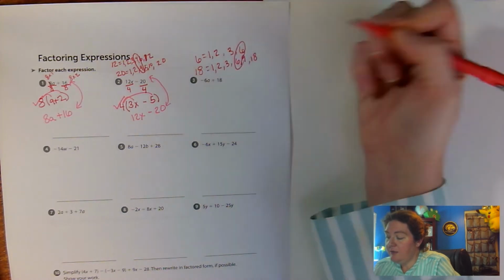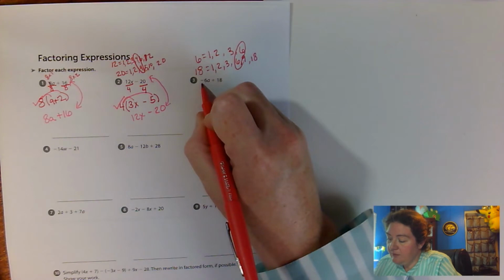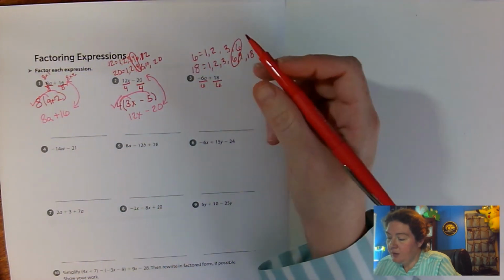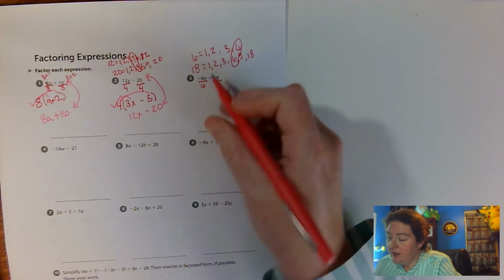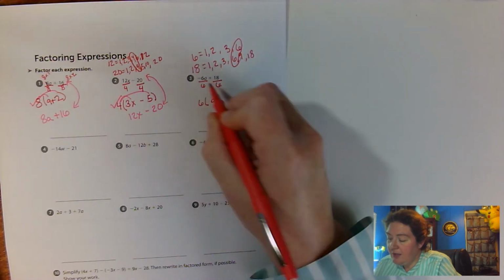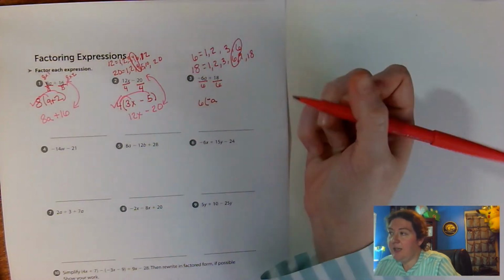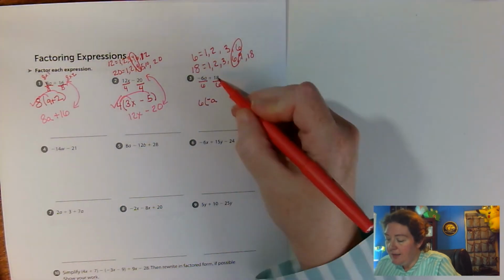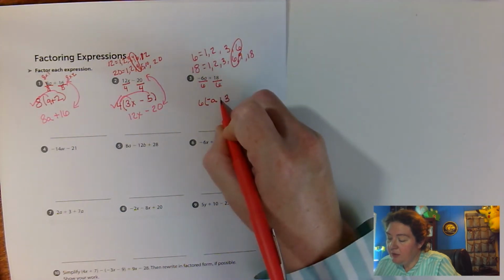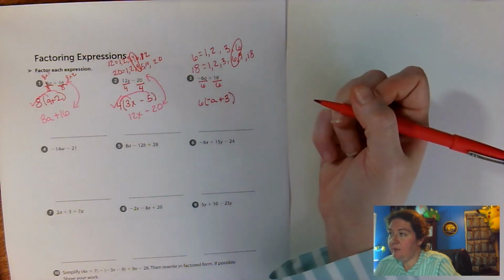and that's a 6. So I'm going to divide both of my numbers by 6. So negative 6a divided by 6 is going to leave me with a, can't forget my negative. So I've got a negative a. 18 divided by 6 leaves me with 3, and both numbers are positive.